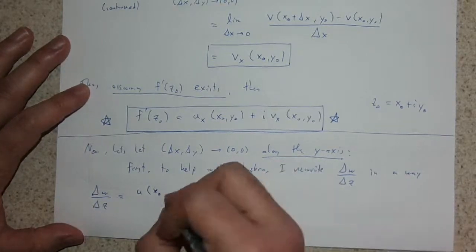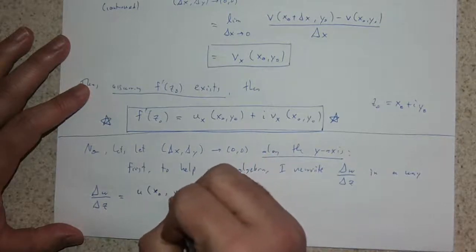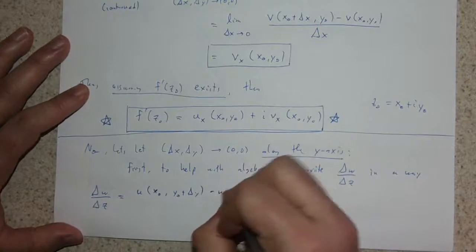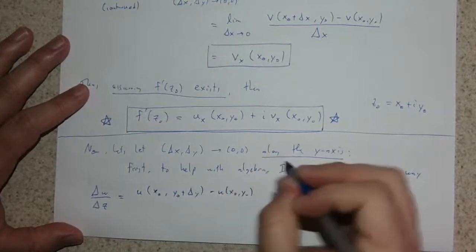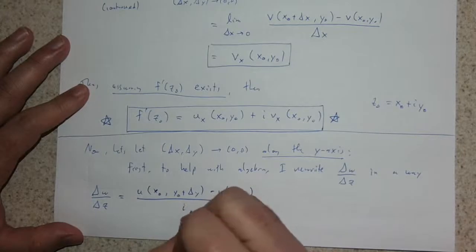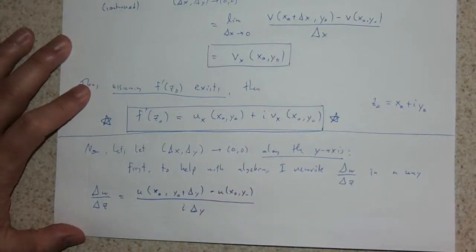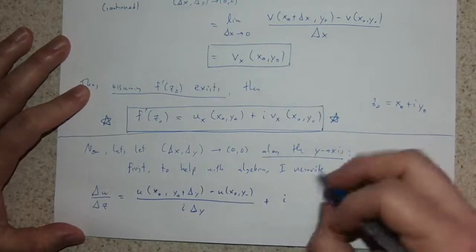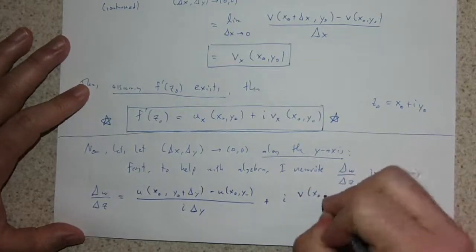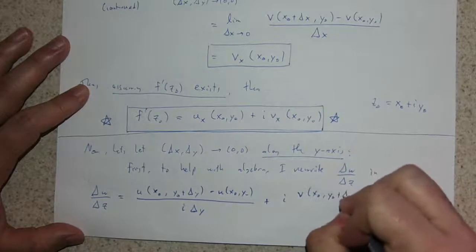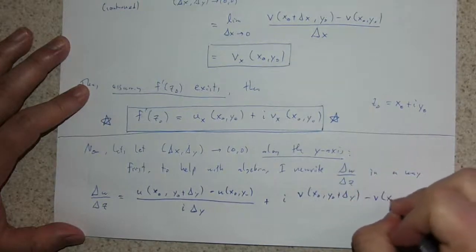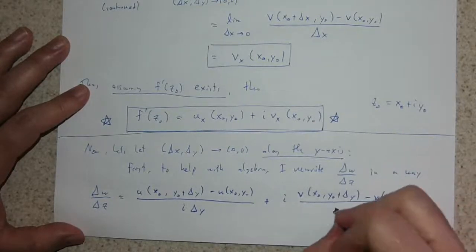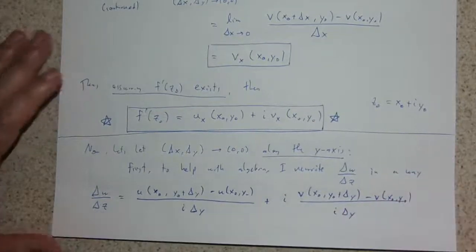So this is u of x naught, y naught plus delta y, minus u of x naught, y naught, over i delta y, plus i times v of x naught, y naught plus delta y, minus v of x naught, y naught, over i delta y.